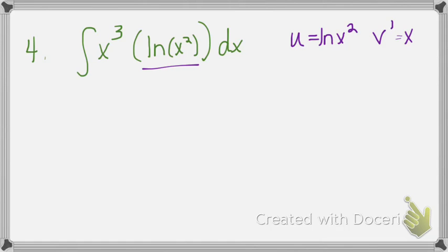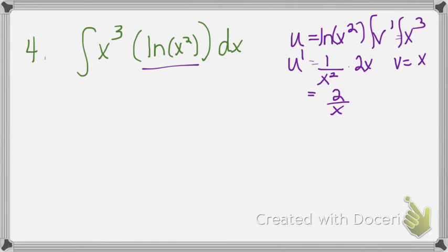And our v prime is x to the 3rd. Alright, u prime, the derivative of ln of something is 1 over the something, but then I'll multiply by the derivative of that. So that's 2x over x squared, or 2 over x. If you simplify it, it makes the problem a little bit easier. Antiderivative here, so it's x to the 4th over 4.